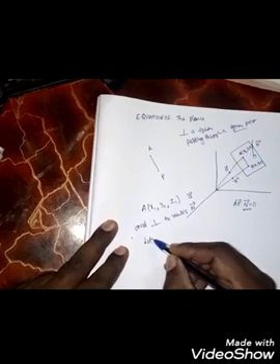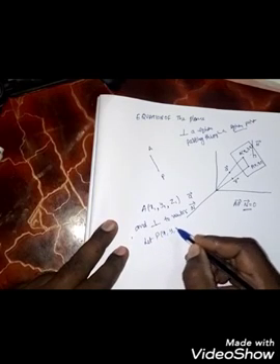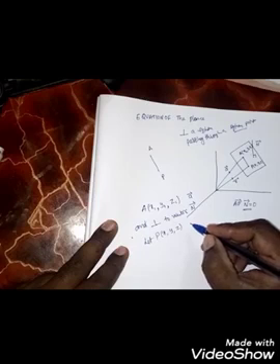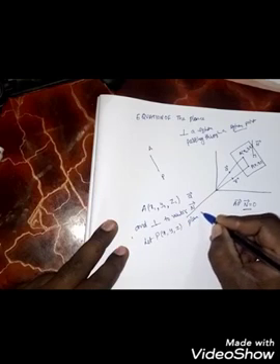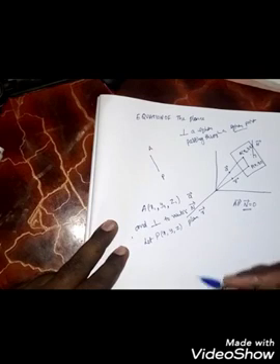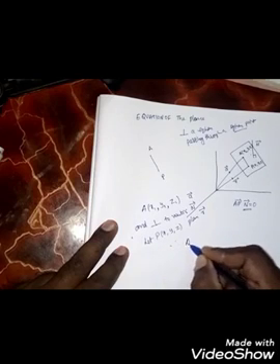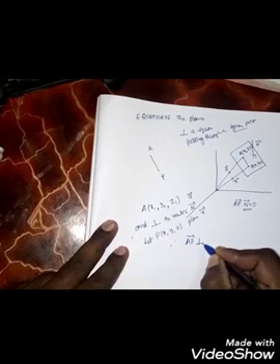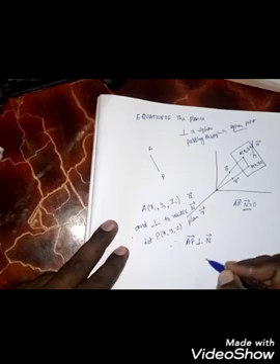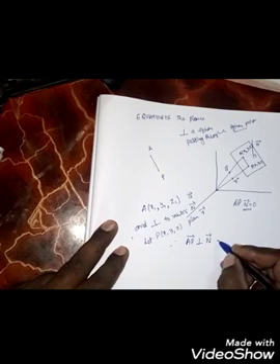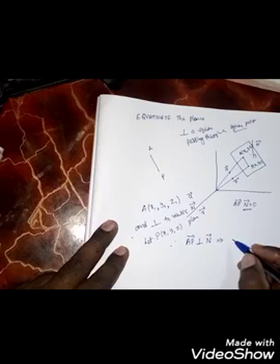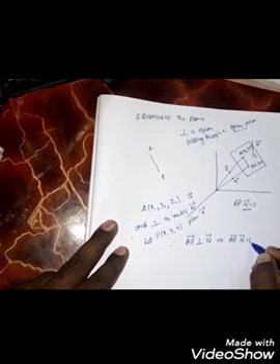And next, I take P (x, y, z) as an arbitrary point on the plane with position vector r bar. Now therefore AP bar is perpendicular to n bar. Now if two vectors are perpendicular, what do we know? A bar, B bar perpendicular vectors means A bar dot B bar is equal to 0. Now here we are going to get AP bar dot n bar is equal to 0.